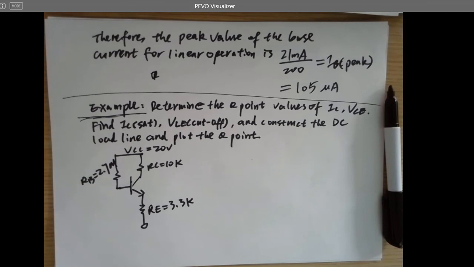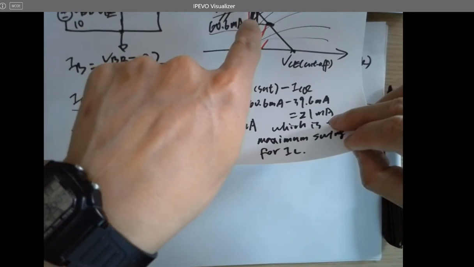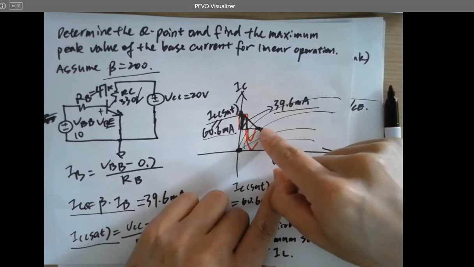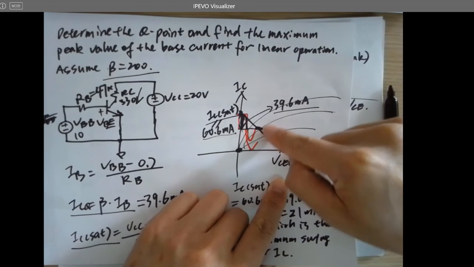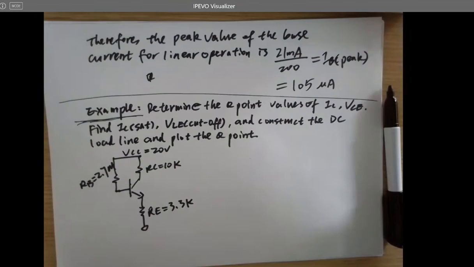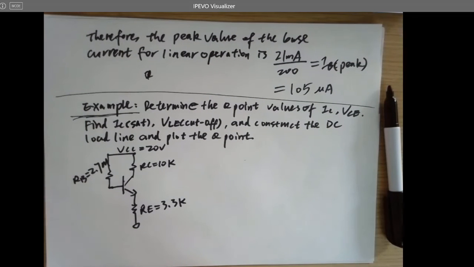Now it's purely DC. We just bias the transistor at some point to make it ready for an amplifier, so we can swing the signal in the linear region. That's the final purpose, to make amplifiers. But now we are not doing that. Just calculate for the DC domain.